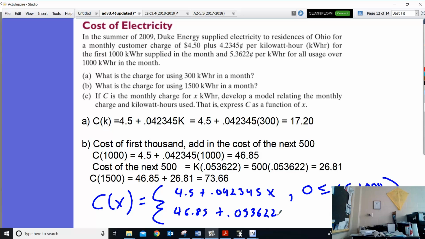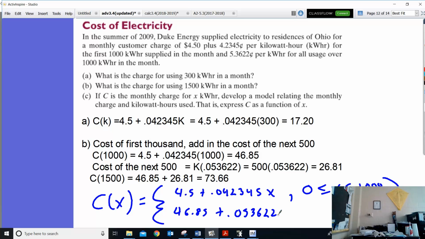Because at this point in time, how many kilowatts have already been used? I can't throw 1,500 at this thing. I've already used 1,000. That's already been accounted for in $46.85. How many kilowatts have already been accounted for by the time you get the second equation? 1,000.